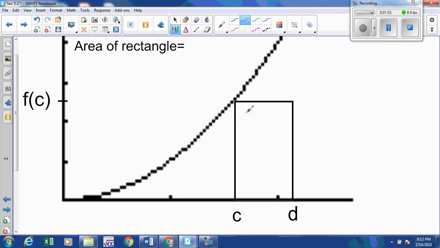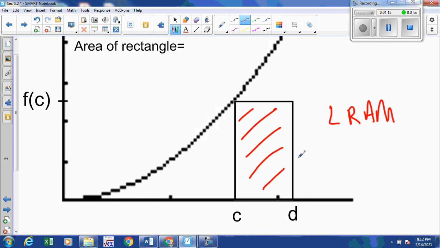If you remember what we were looking at, if we look at one specific rectangle that we're trying to find the area of, this would be a left-hand rectangular approximation because we're using the c to give us our functional value. So the area of this rectangle would be our functional value, f of c, that is our height of this rectangle, times the width of this rectangle.